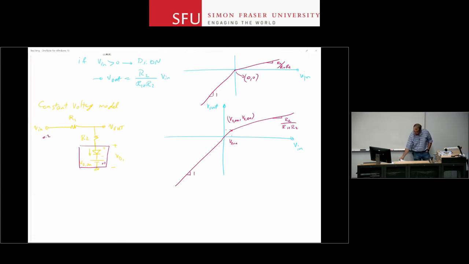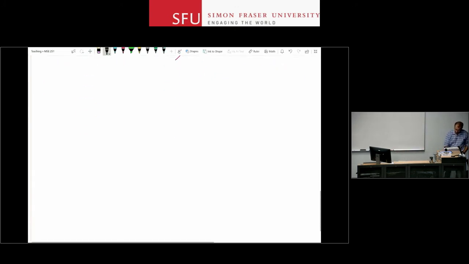We have one more discussion to cover for today, and that is, what if we have circuits with multiple diodes. In this case, I have this circuit, for example. There are 2 branches here, 2 diodes facing opposite directions.